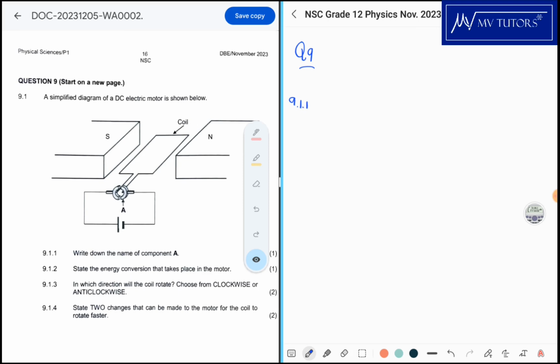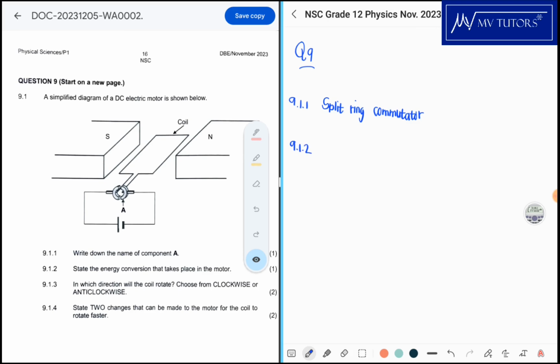We can see that that component is split, right? So it would be a split ring. Yeah, it's like a ring has been split. A split ring commutator. That is synonymous with the DC motor or generator. If it was AC, you would see a slip ring.